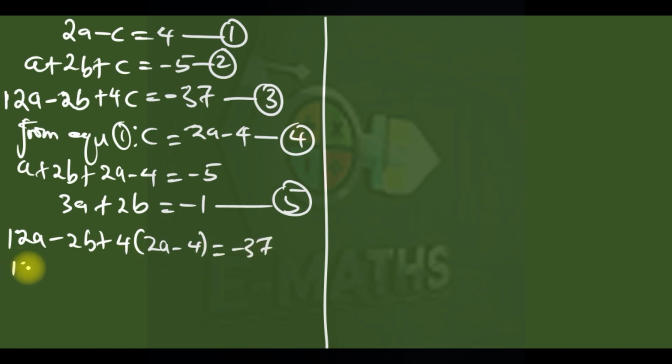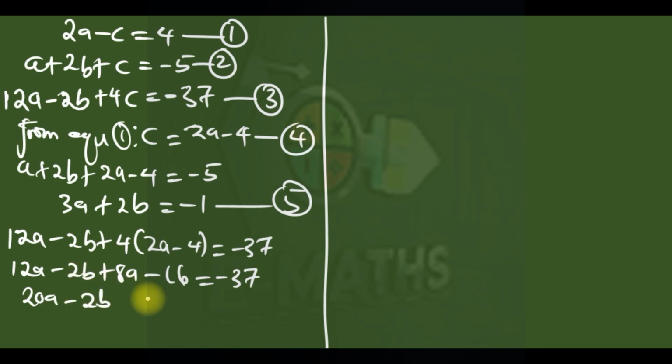So I have 12a minus 2b plus 8a minus 16 equal to minus 37. So I have 12a plus 8a is 20a minus 2b is equal to minus 37 plus 16, which is minus 21. We'll call it equation 6.